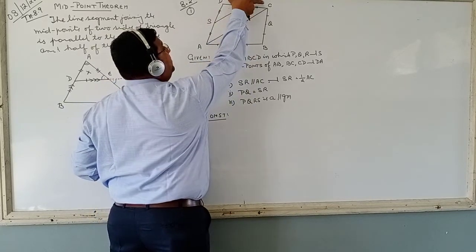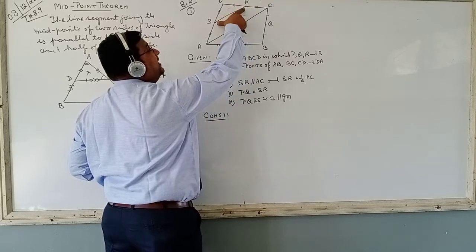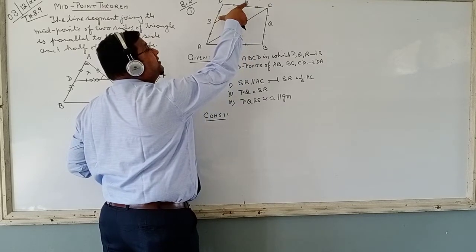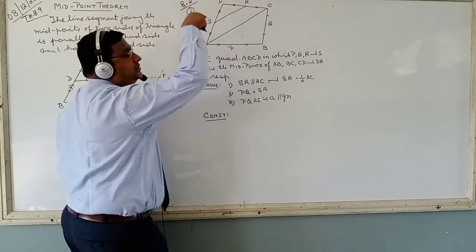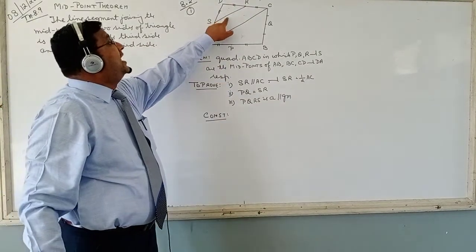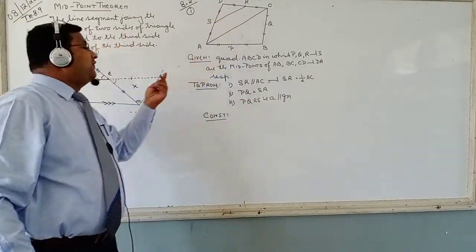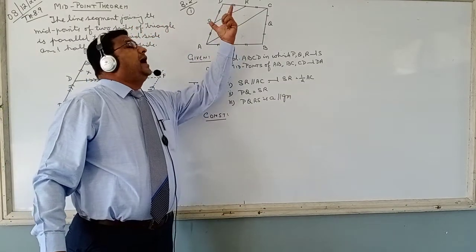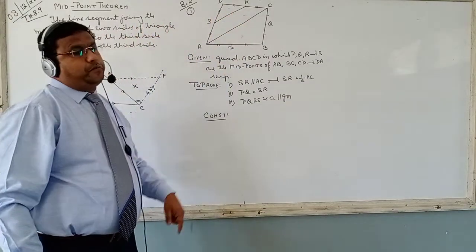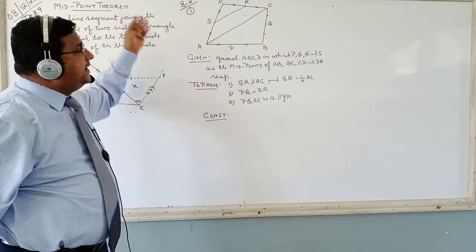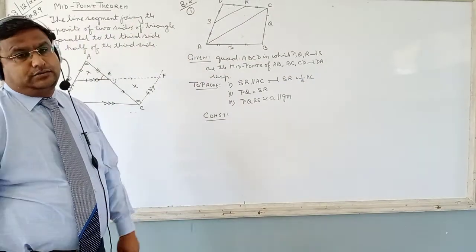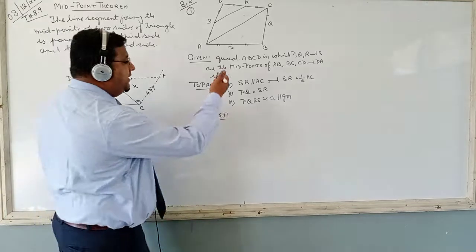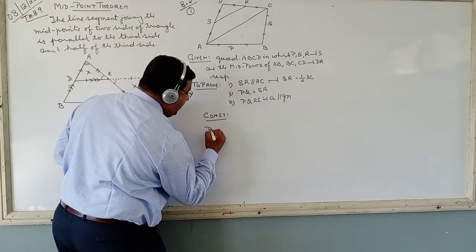Is R the midpoint of CD? So is this line segment SR the line joining two midpoints? Then this SR is what to AC? Half of AC, we have proved. We don't have to solve the entire thing again. You have to just write it down. You don't have to solve. Just write it down. Construction we will do if required.